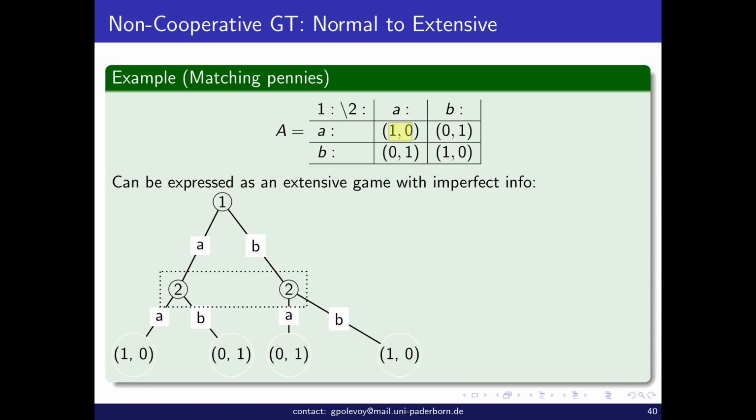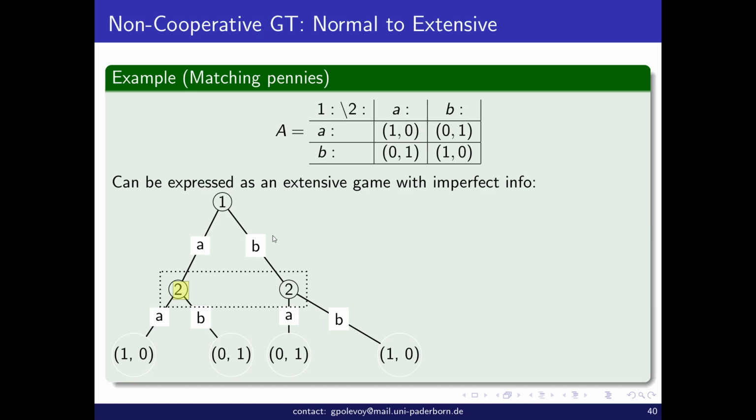But forget it, how can we express this game as an extensive form game? We express it simply that player 1, let's say, moves first. It can of course be done symmetrically, with player 2 moving first. Player 1 chooses A or B. Player 2 does not know what player 1 has done. It simply has to choose A or B. And then depending on what player 1 has done and what player 2 has done, they get the payoff. If both players have chosen A, player 1 gets 1, player 2 gets 0.